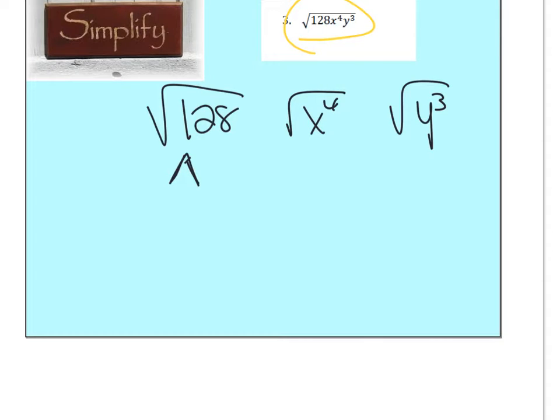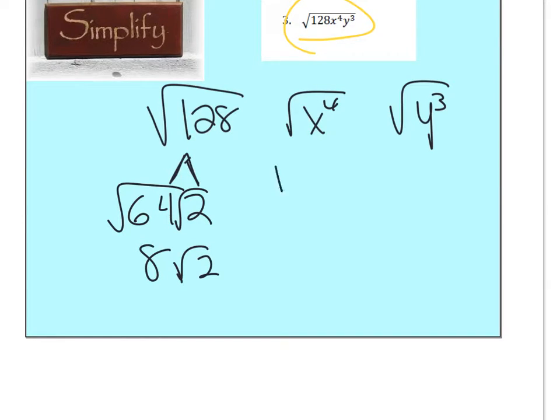So 128 divided by 64, I know that's going to be 64 and 2. And I did that in literally about 3 minutes. Square root, so that's going to be 8 square root of 2.